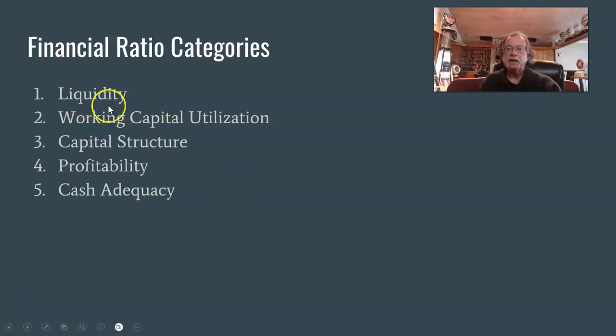I feel like the liquidity and capital structure ones are the most important. Profitability and cash adequacy are second tier, if you will. So liquidity and capital structure are first tier. Profitability and cash adequacy are second tier. Working capital is third tier. From an engineer's perspective, from an accountant's perspective, they're all important.